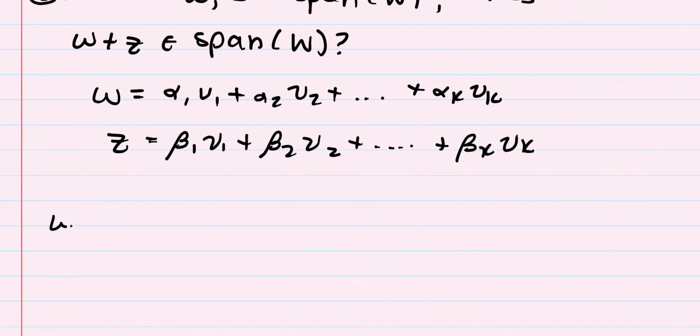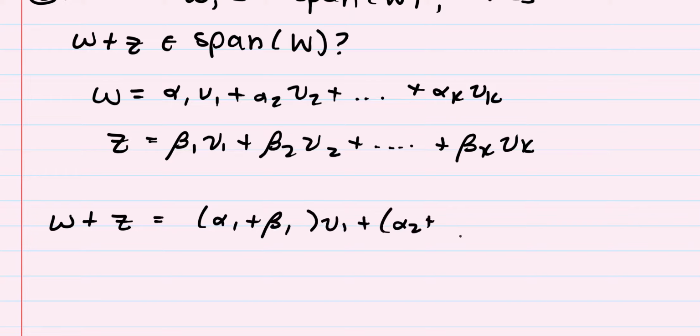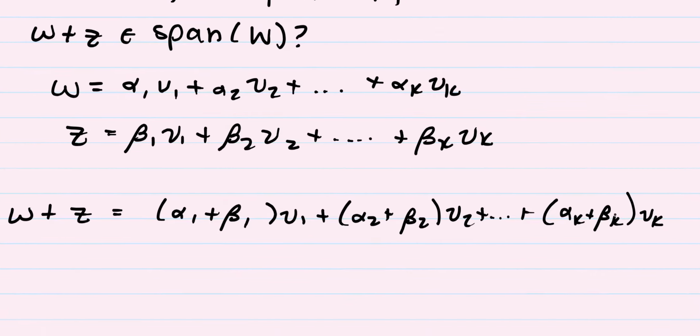Now if we add W and Z together, we'll get alpha 1 plus beta 1 V1, alpha 2 plus beta 2 V2, all the way to alpha K plus beta K VK. But notice that these sums belong to the real numbers because it's a real number plus a real number.